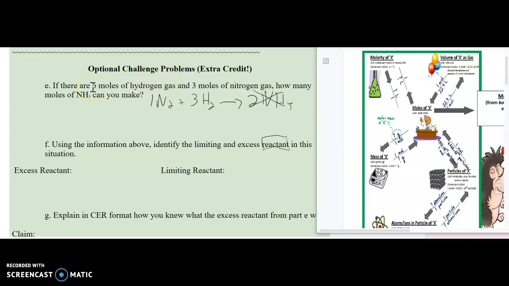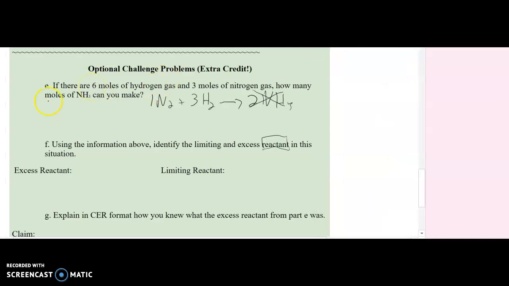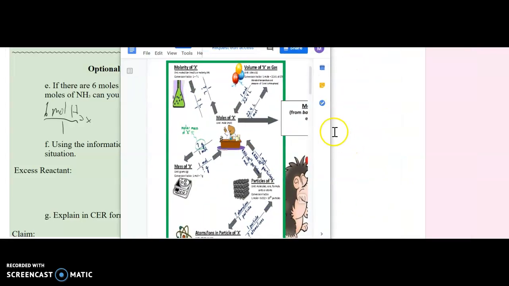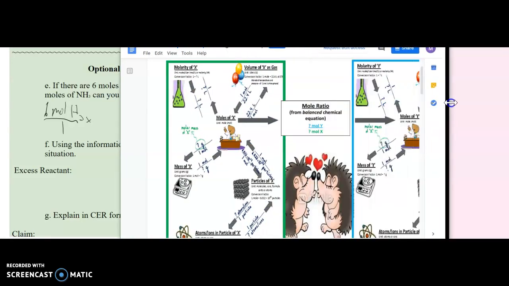Same thing, guns. Start with what you know and put it over 1. 6 mole H2 over 1. Now, I know I'm going to want to cancel out my units, so I know moles is going to go on the bottom, but for those of you who would rather use a mole map, this is essentially what I'm doing.